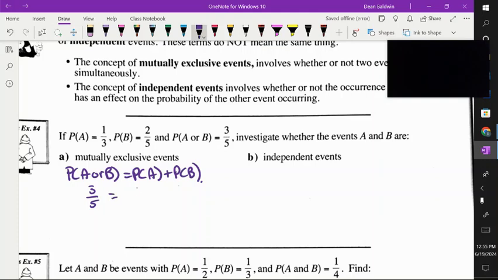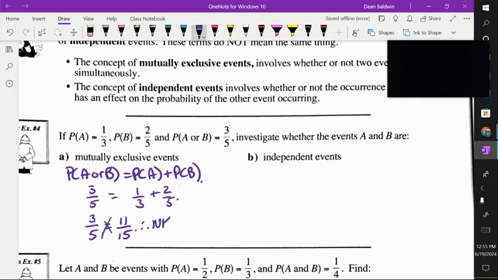We know the probability of A is 1/3. Probability of B is 2/5. If you do that math, you're going to get 3/5 equals 11/15. Are those the same thing? No, they're not.